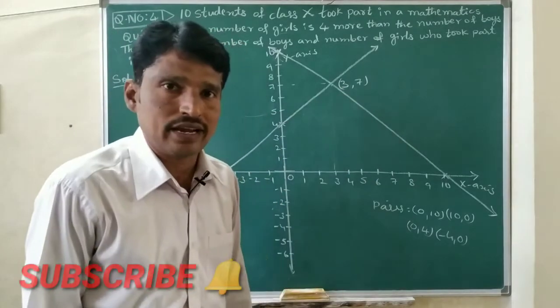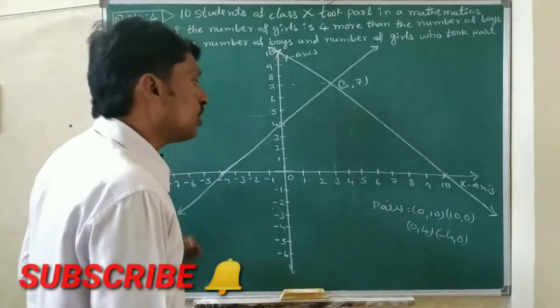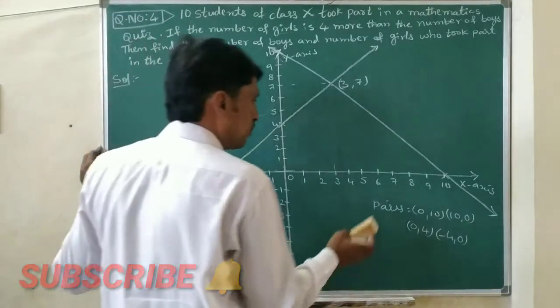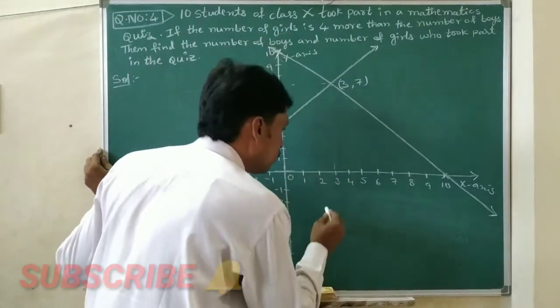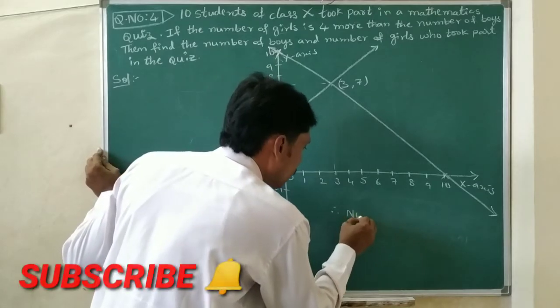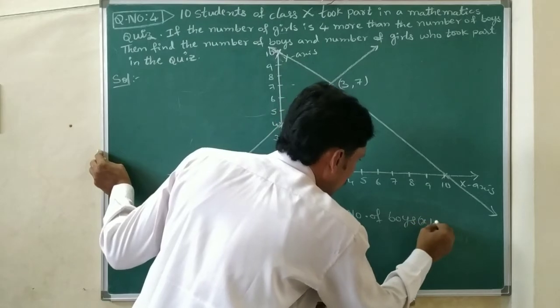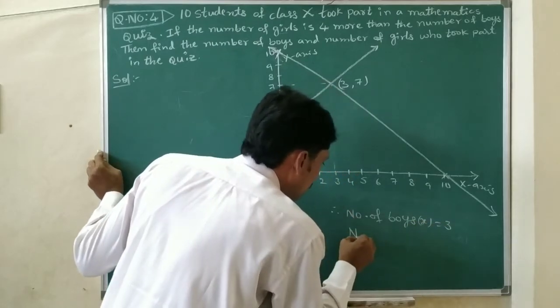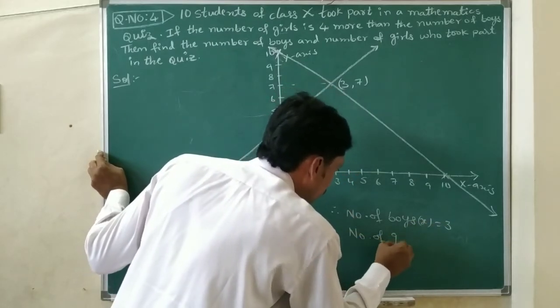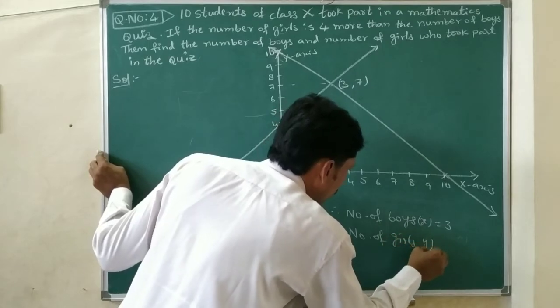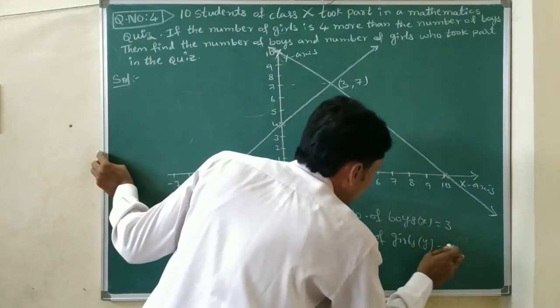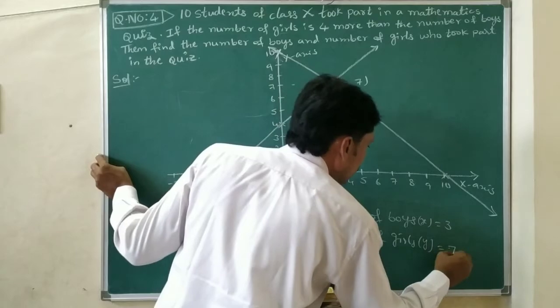So x means here we got 3, y means 7. What we took here, x means number of boys we took, that one we need to write. So therefore number of boys x equal to 3, number of girls y equal to 7.